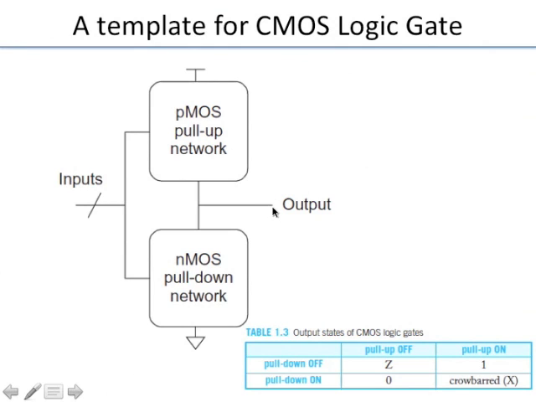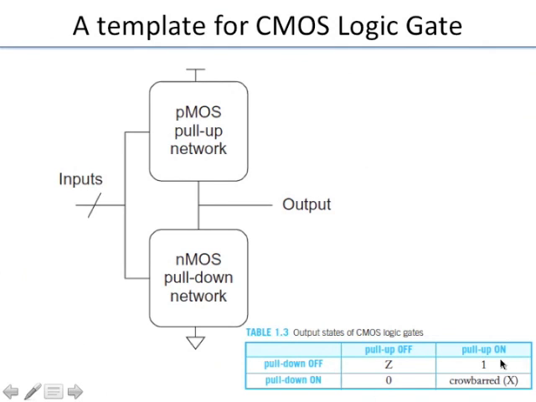When that happens, we say the output is floating, and that is denoted by the symbol Z. Z also stands for high impedance. That means when you look from here into the gate, there is no low impedance path to either VDD or ground. Both paths are high impedance. It's almost infinity in an ideal case, but essentially it's high impedance. That's why it's called a high impedance state.